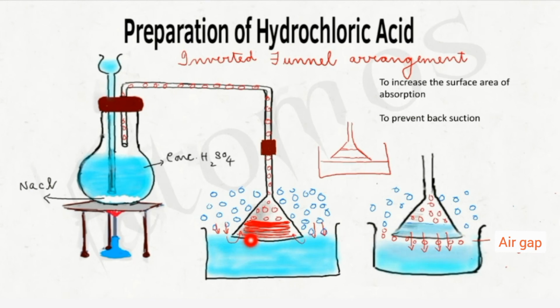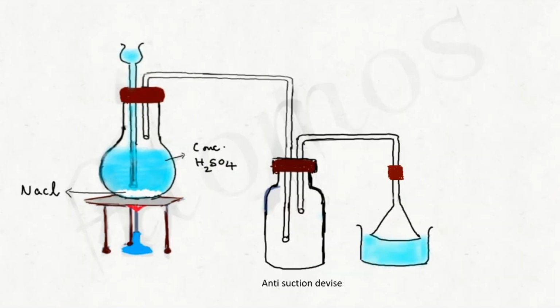So the chances of getting water into the main reaction apparatus containing concentrated sulfuric acid will be very less. Still, as a precautionary measure, in order to avoid the accidents that may happen while carrying out this experiment, we will keep an empty flask in between the main reaction apparatus and the inverted funnel arrangement.